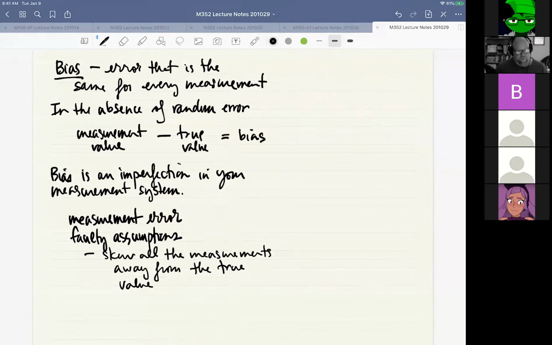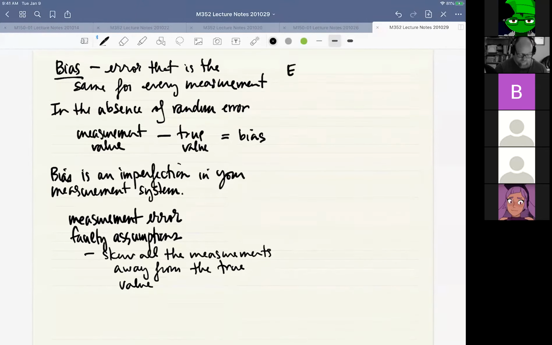One example of a faulty assumption is if you were trying to measure the position of a star in the sky at night. I don't know enough about astronomy to talk about this example, but I do know about fishing, right?